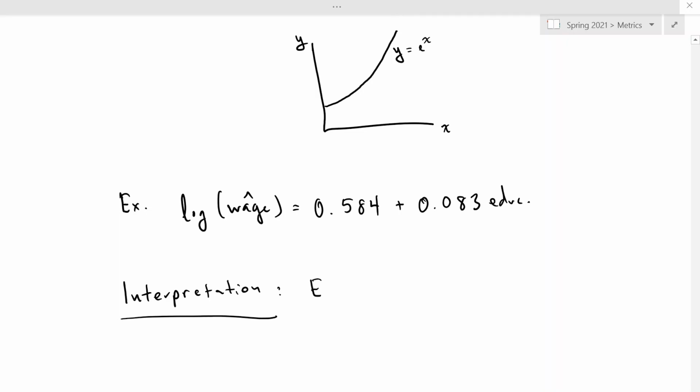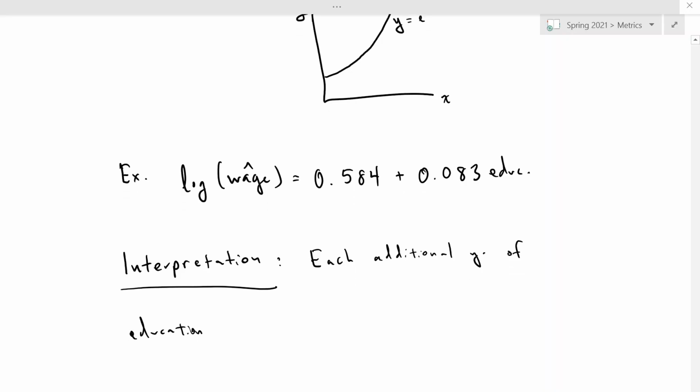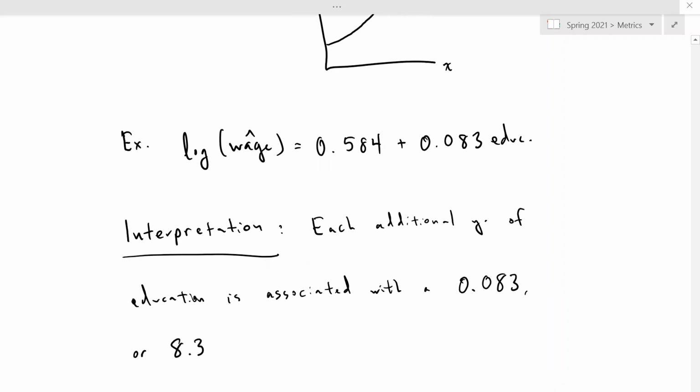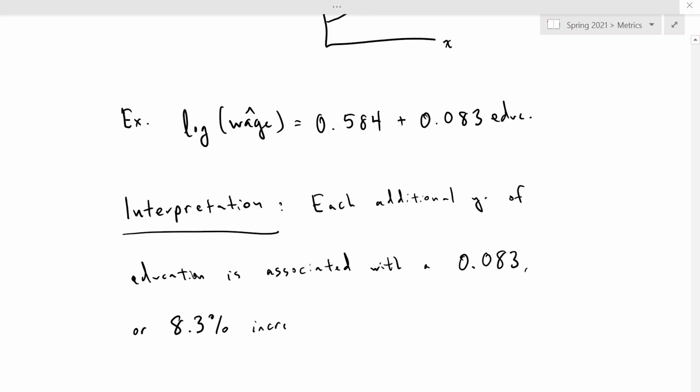So each additional year of education is associated with a 0.083, or, and this is the nice part, 8.3% increase in the wage. Ceteris paribus, all else equal.